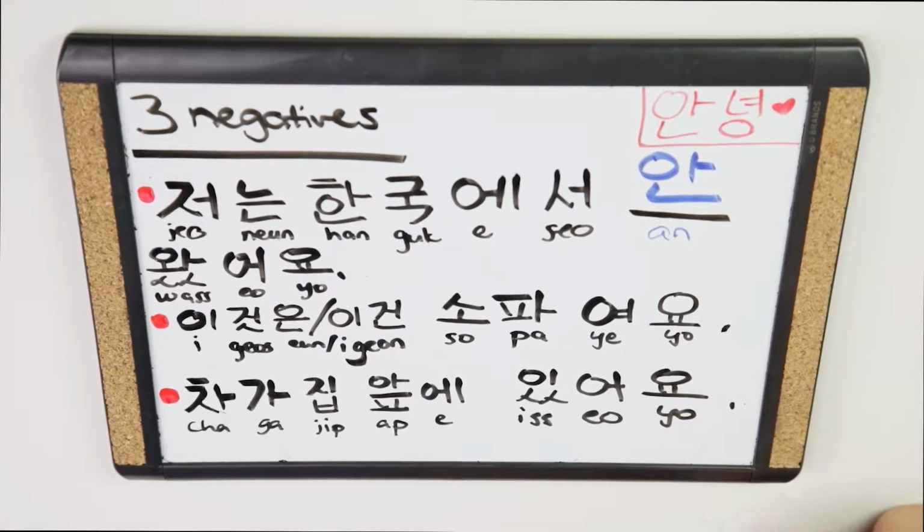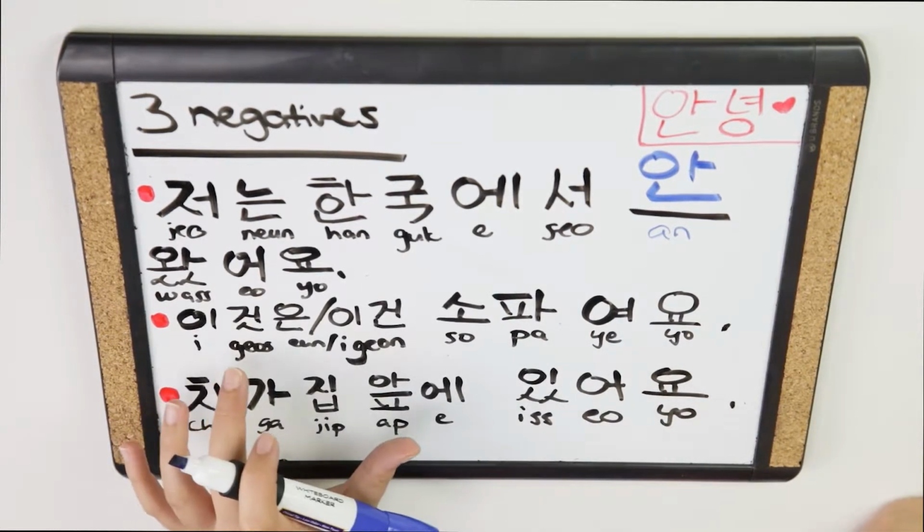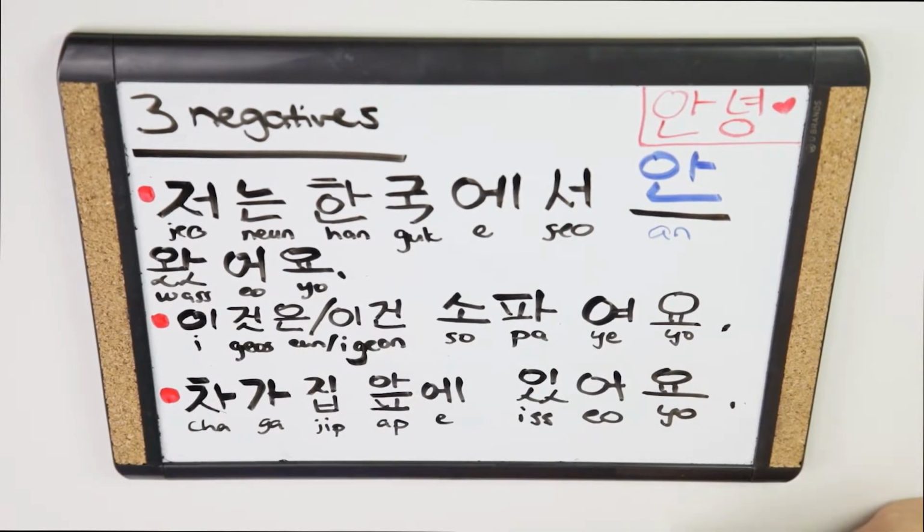In our next example, here we have 이것은 or 이건. You can use either version. 이것은 is the long version rather than 이건. That's the shorter version. Both meaning the same. Choose whichever you want. So here we have 이것은 소파예요. Now that means this is a sofa.